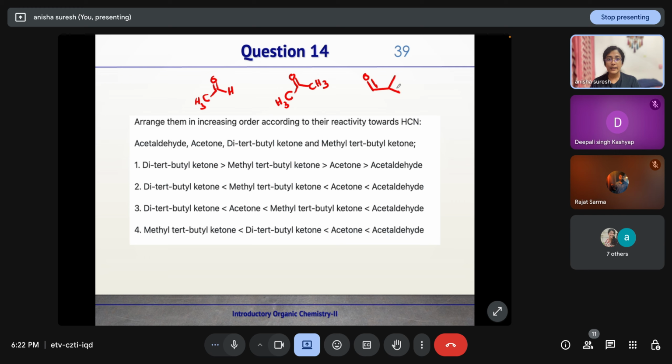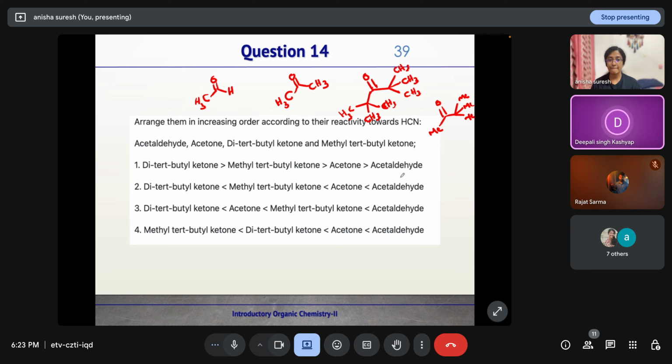This is di-tert-butyl ketone, and the fourth one is methyl tert-butyl ketone.